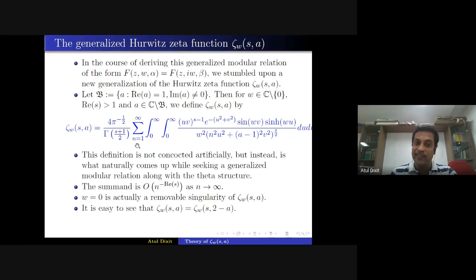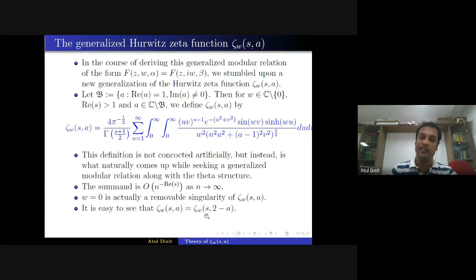Also, this generalized Hurwitz zeta function has one property which was absent in that of the Riemann zeta function as well as in the case of the Hurwitz zeta function. And what is it? Of course, in the Riemann zeta function, there was no A, but in the Hurwitz zeta function, there is an A. But there is no symmetry along real A equal to 1.